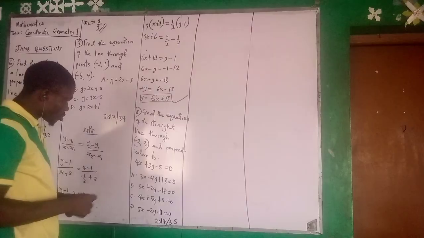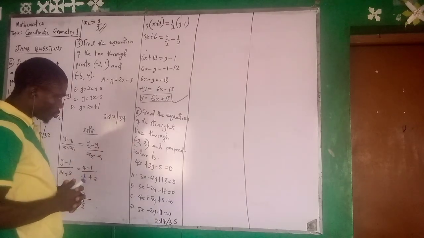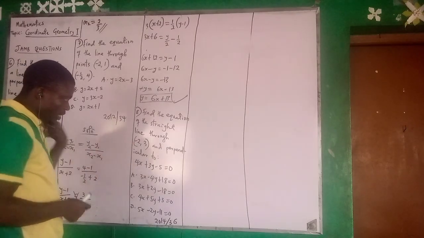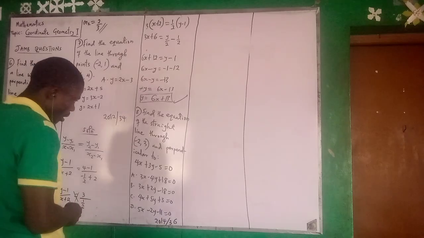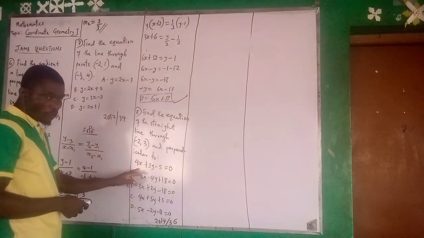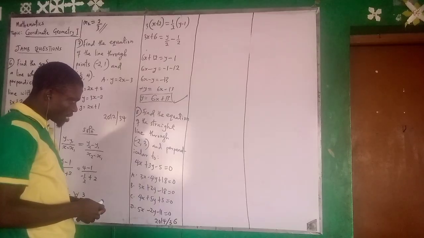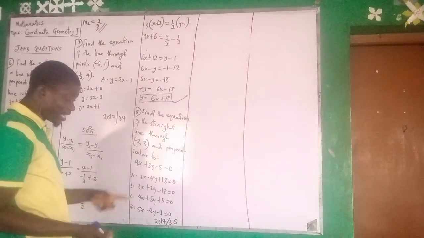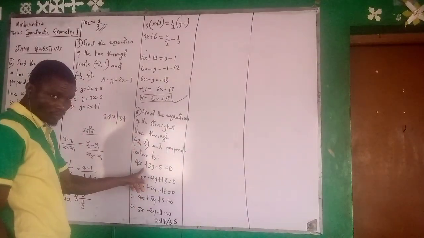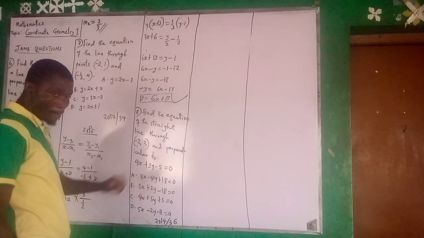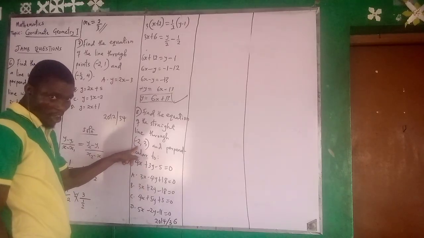Find the equation of the straight line through minus 2, 3 and perpendicular to 4x plus 3y minus 5 equal to 0. That is to say that the equation of the line you're asked to find is perpendicular to this equation, and it passes through this point.